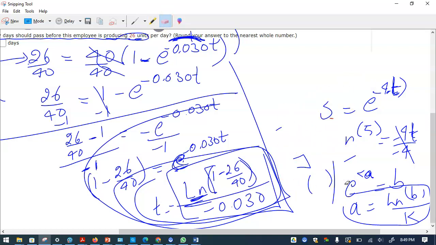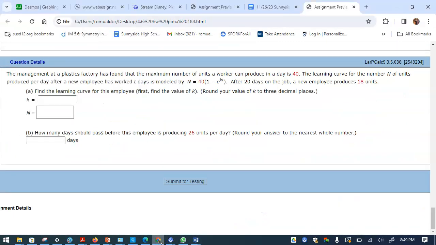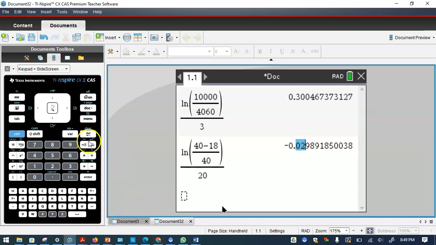Okay, let's do it. Let me write on my paper so that I have that thing. Okay, let me go to the calculator. So first I want division, right?